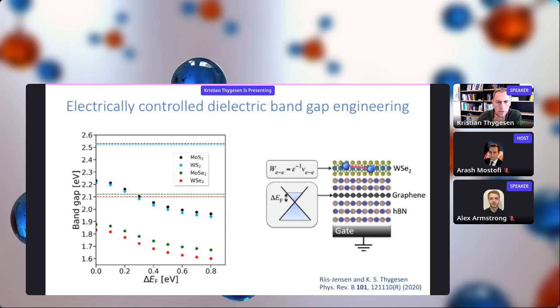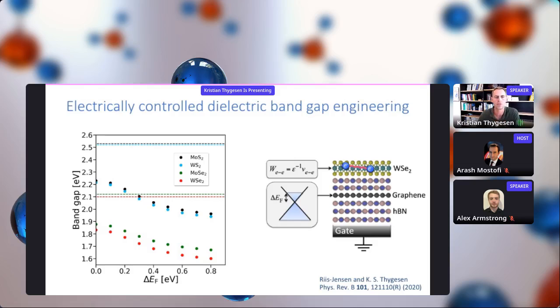If we calculate the quasi-particle bandgap of this 2D semiconductor as a function of the Fermi level in the graphene sheet down here, we can change that bandgap by more than 200 to 300 meV. That's a huge change in the band gap that we can induce electrically by changing the dielectric screening in the surroundings of the 2D material.